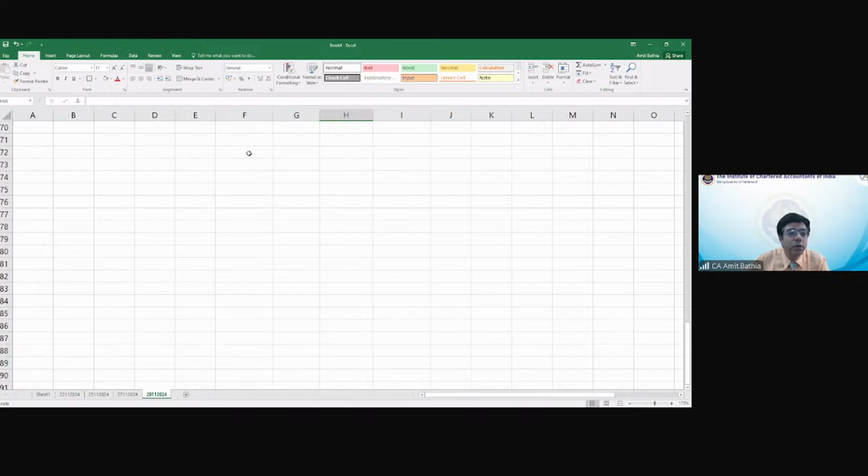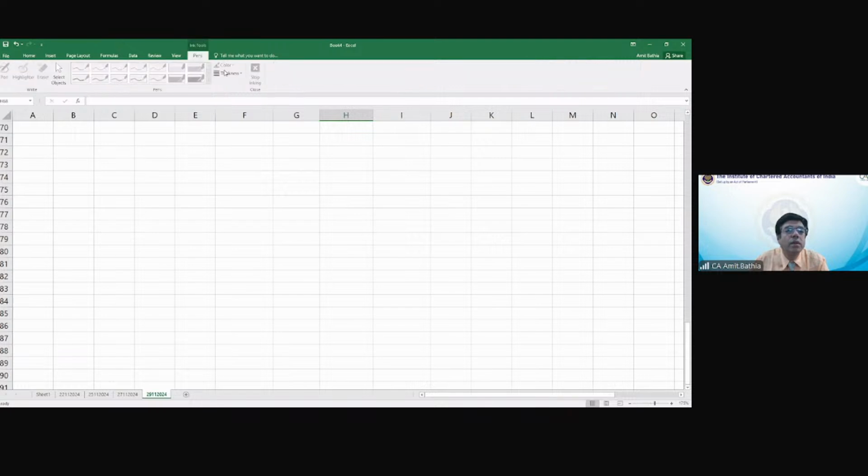We have futures, options, and then swaps. Swaps we will take slightly later. So first of all, we start with the concept of futures and options, right?